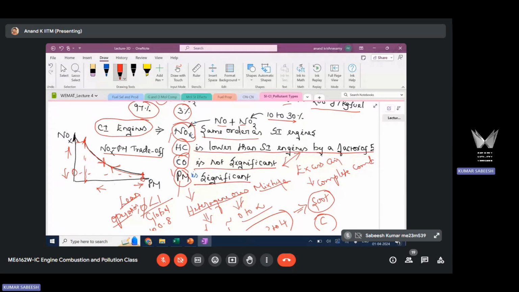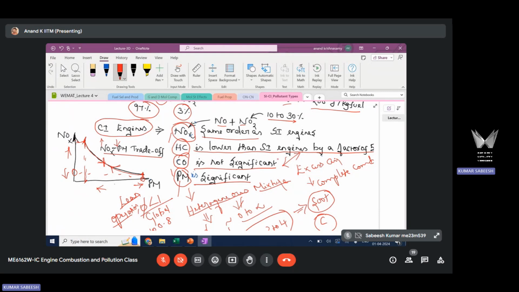But whatever the type of strategy you adopt, if you reduce NOx, you are going to end up producing very high particulate values. If you reduce PM by using any available strategy, you are going to end up producing a very high NOx level. Okay, so this is what is a classic NOx-PM trade-off in conventional diesel combustion, right?